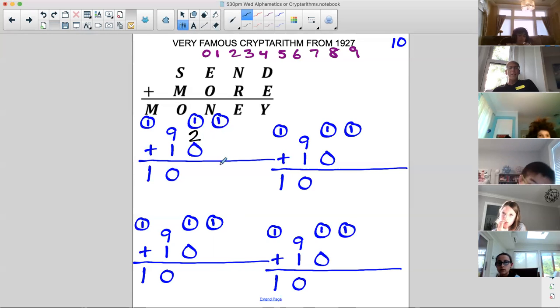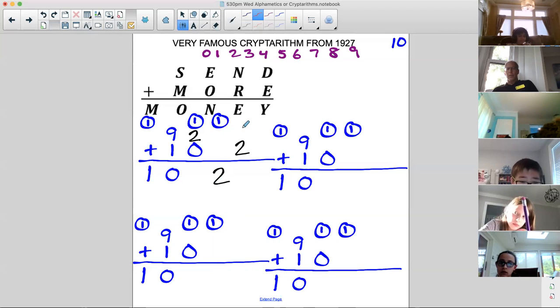If E is 2, does that work? What must D be, guys? D has to be what? 9.